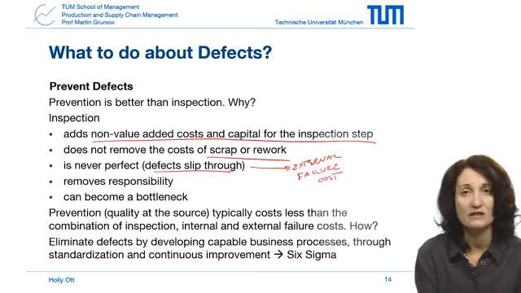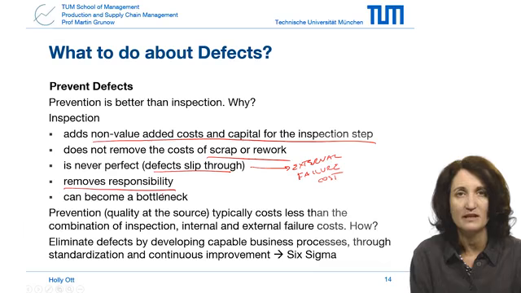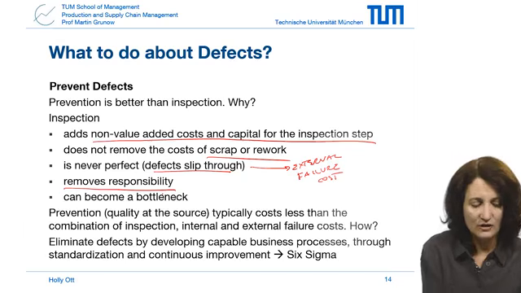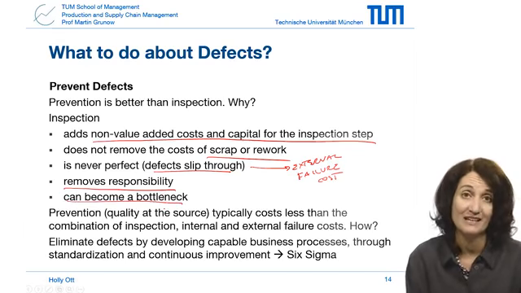Additionally, again with the idea of culture, inspecting at the end removes responsibility. And again, not that we want to finger point, but as soon as you find where the defect occurs, you can look at it and attack it right away rather than waiting until the end. And you can quite often end up finding that you have a bottleneck in your process just at the end, at the inspection point.